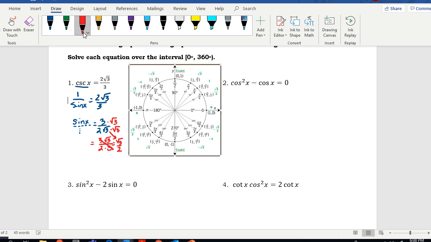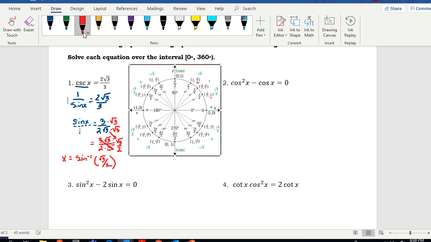So now I need to know where to solve this. x is sine inverse of square root 3 over 2. So if I go to the square root of 3 over 2, now remember, sine is the second number. I am looking for square root of 3 over 2.